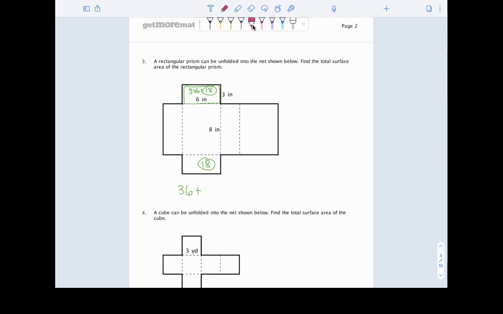All right, so then I've got 6 and 8, another easy one to see. So 6 times 8 is 48. This is going to be 48 too, so bring them down together. That's going to be 96. And then this is 3, and that's still 8. So 3 times 8 is 24, and 24 and 24 is 48.